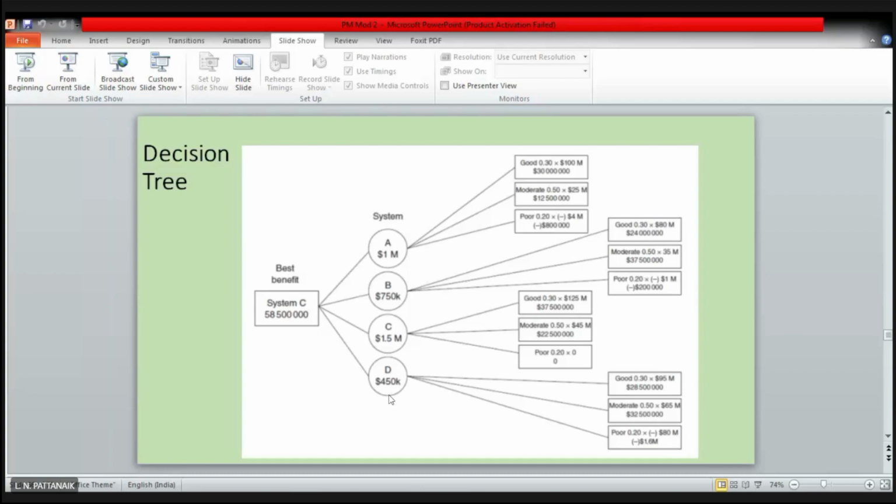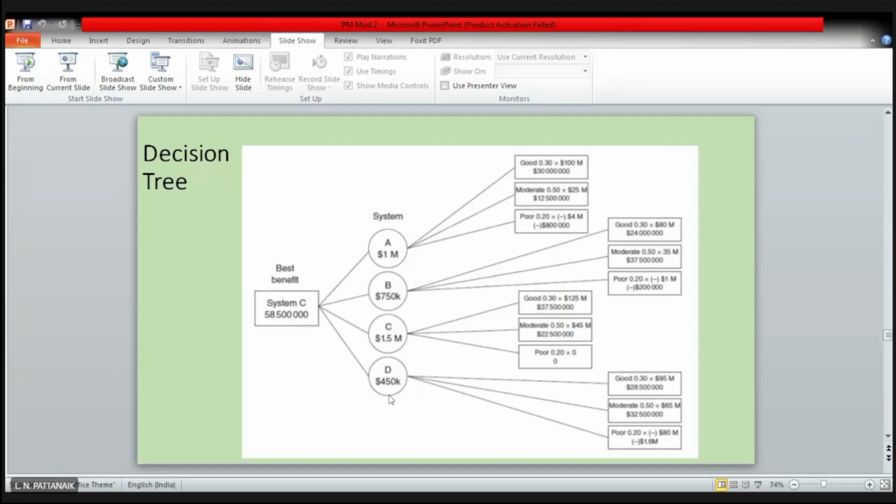In that case, you will go for the system which is giving you the least negative value, because your perspective is to find the minimum cost system. Similarly, suppose you are going for benefit value, then you will take the option which is giving you the maximum benefit, the highest value. In this case, it is the highest value that is taken because we are talking about benefits.